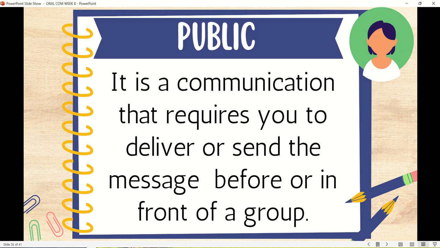Approximately, it's more than 10, but not more than 100,000. It depends upon the size of the people to whom you are talking with. That is the approximate size of public communication.